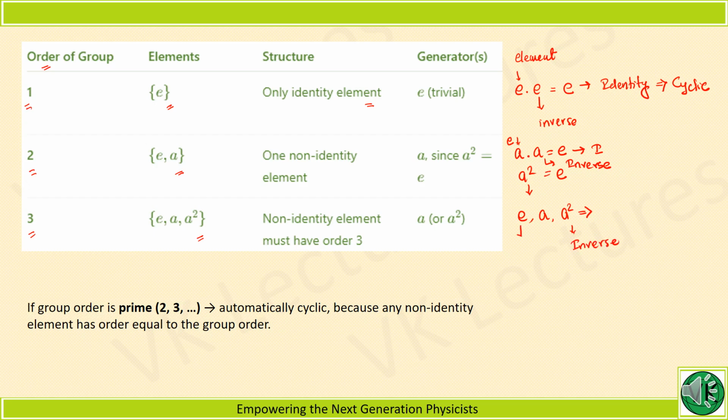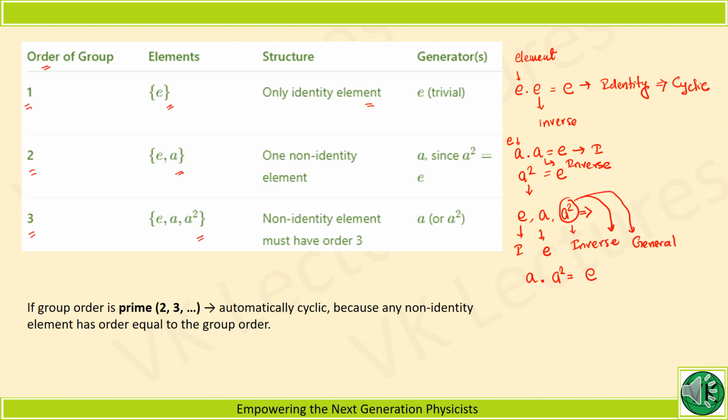This is identity and this is the element. a into a square, what you get, you should get e. So in the case of this order 3, a square is the inverse, as well as a square is the generator also.